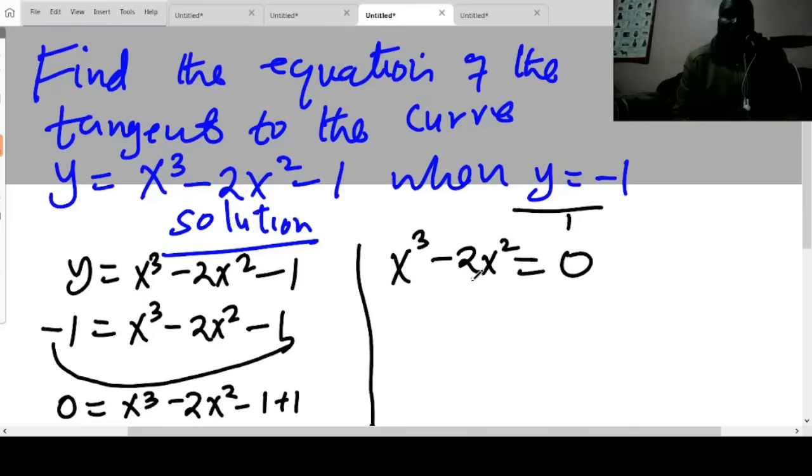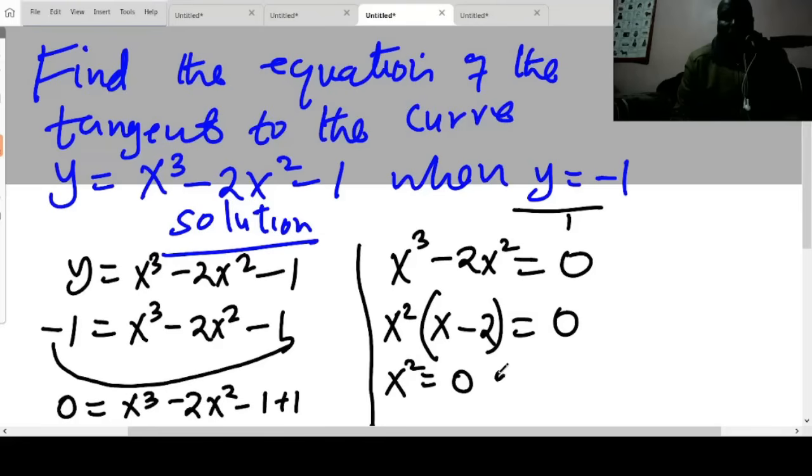Looking at x cubed and x squared, the common factor is x squared because x squared is inside x cubed. So the common factor is x squared into, for x squared, x remains, x minus 2, is equal to 0. So this means x squared is equal to 0 or x minus 2 is equal to 0. So x is equal to 0 or x is equal to 2.